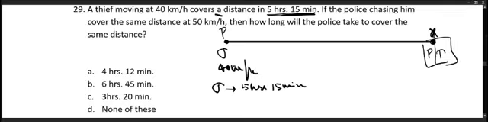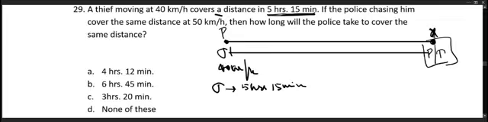In the earlier question, the thief had the advantage of some distance, but in this case the thief doesn't have any advantage of distance, because both police and thief are running from the same point, and that point acts as the point of encounter between police and thief.